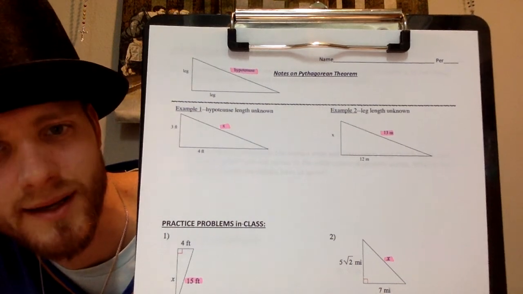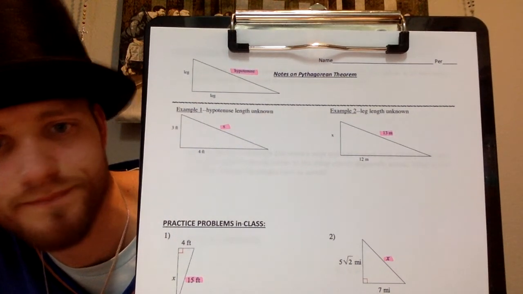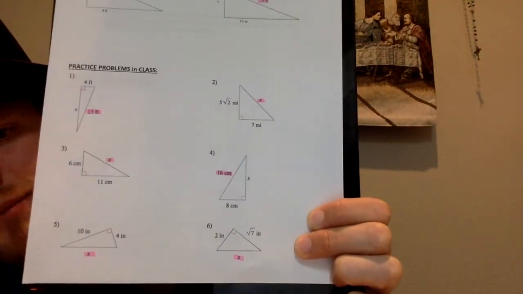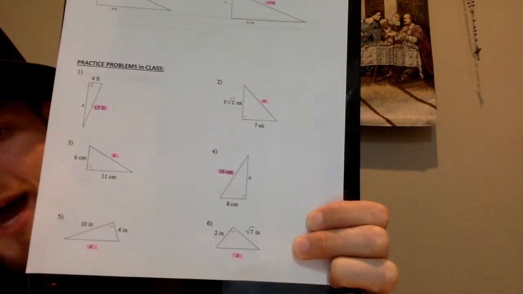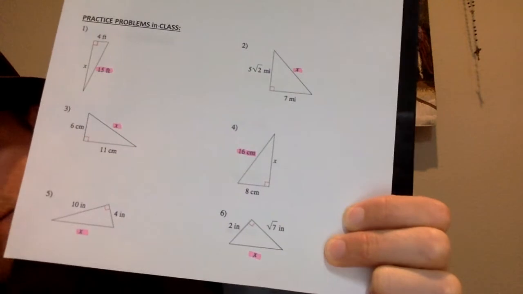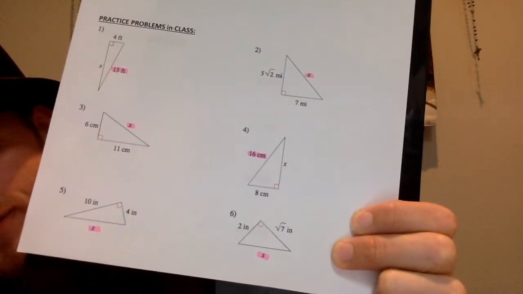It's all in pink. So on example 1 and 2, it's x and 13, and then I just keep on going through. If you need to, pause the video. But those are your hypotenuse, meaning the non-highlighted sides are your legs. Hopefully that all makes sense. Be careful, because if you can't locate the hypotenuse correctly, you're kind of screwed from the get-go, right?